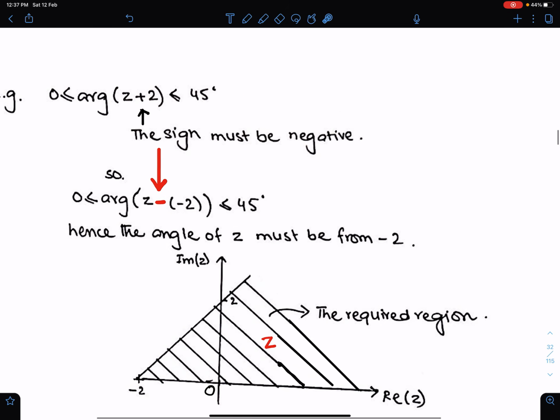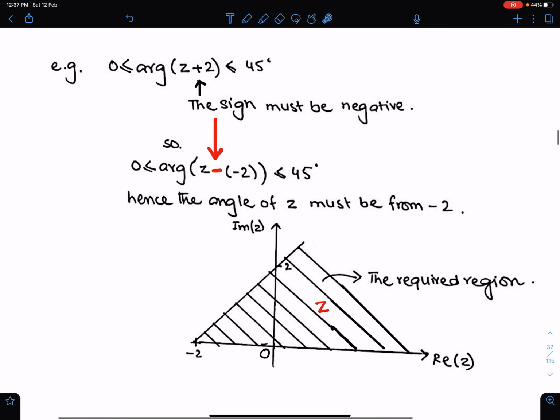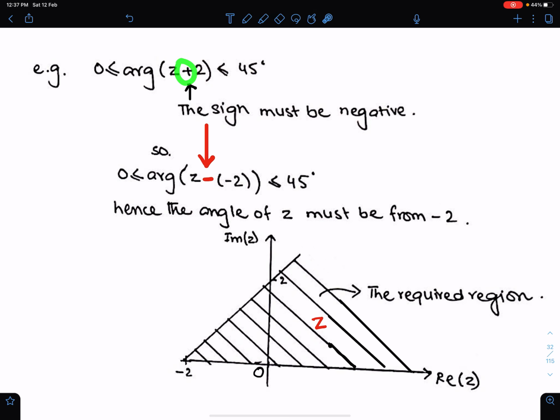This is the standard sign. So since we have positive signs, we have to simplify this in this way. This sign must be negative. Now it is negative. So this means the angle of z from minus 2, and it should be 45.